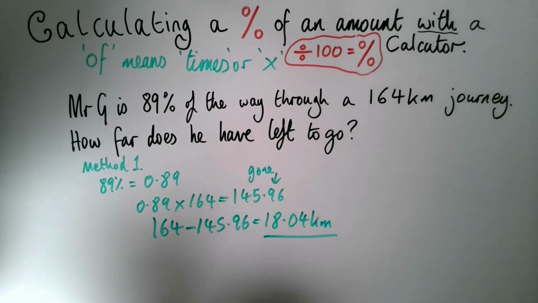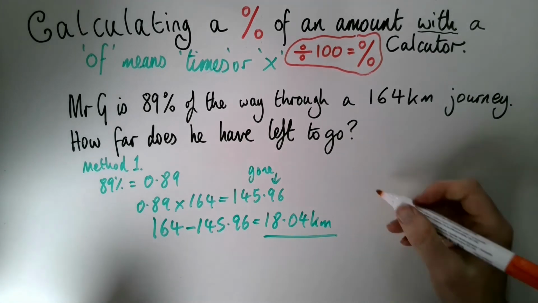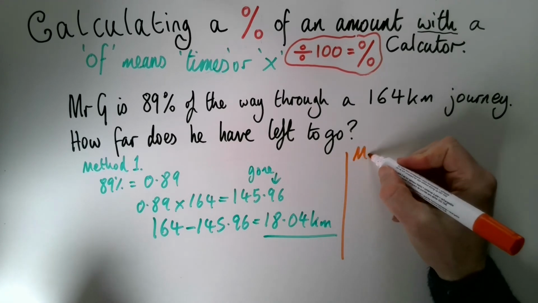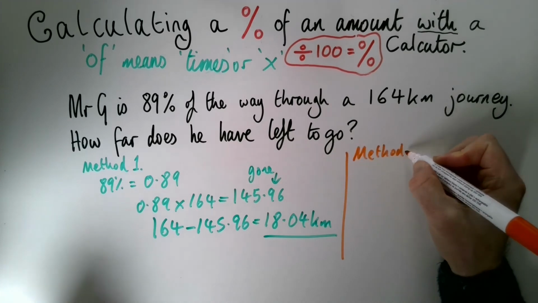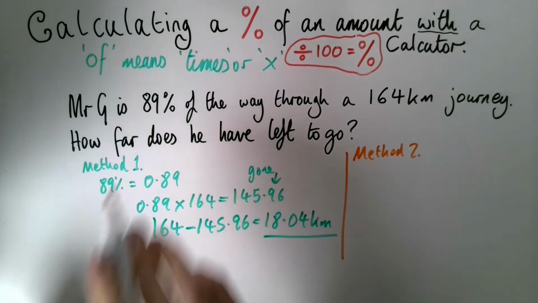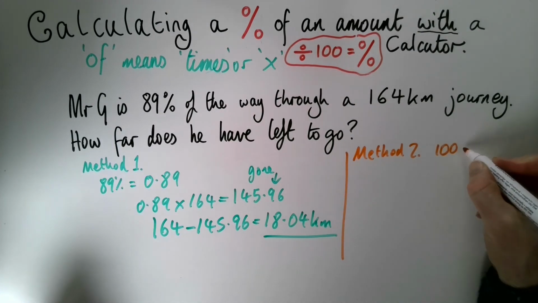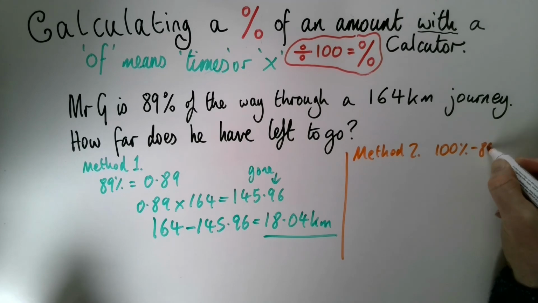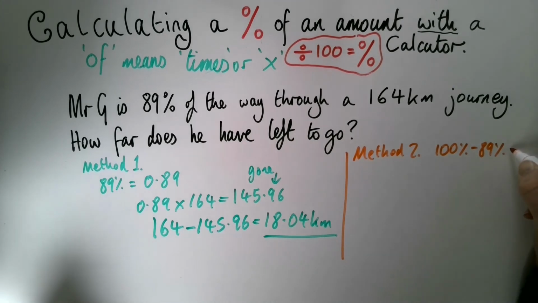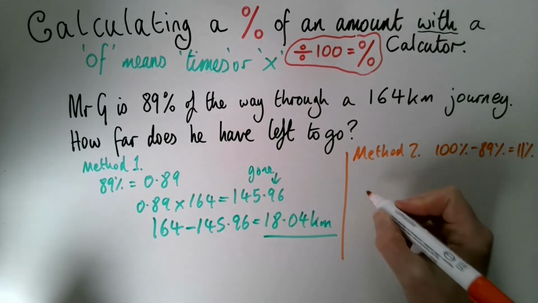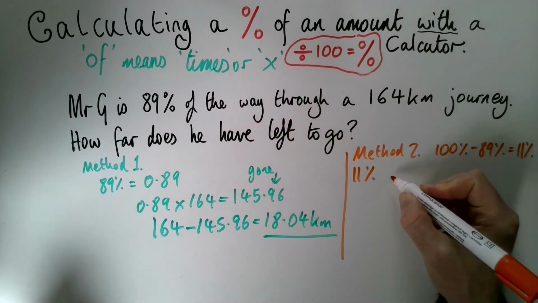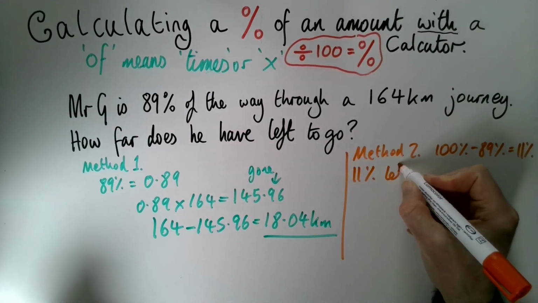But another thing I could have done, which would have saved me just a little bit of work, would be to think, if I've gone 89% of the way, how far have I got left to go? 100% would be all of the journey, wouldn't it? Take away 89% and it is 11%. So 11% of the journey left.